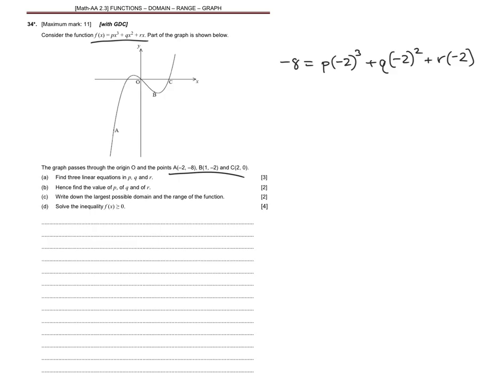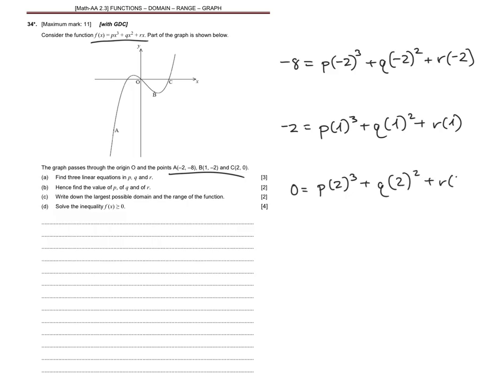And then we're going to have negative 2 using the point B. Negative 2 equals P times 1 cubed plus Q times 1 squared plus R times 1. And using the point C, we're going to have 0 equals P times 2 cubed plus Q times 2 squared plus R times 2.